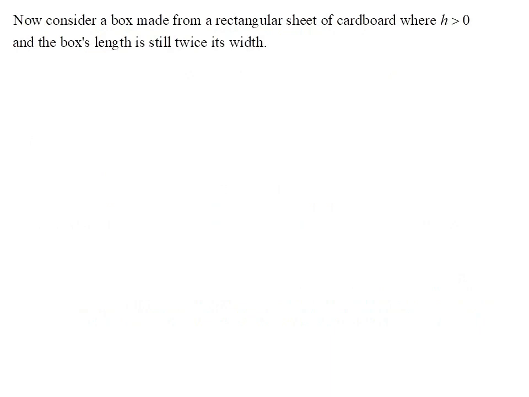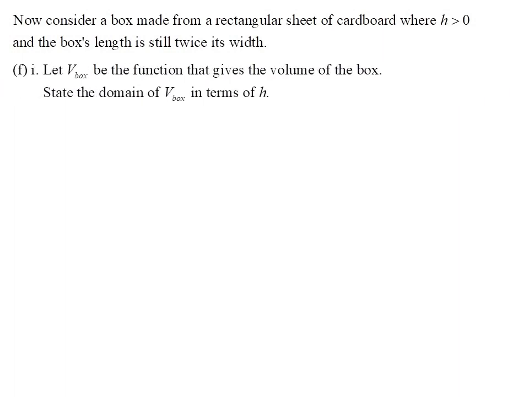Now consider a box made from a rectangular sheet of cardboard where h is greater than 0. The box length is still twice its width. Based on that, the first question of part F is to express VBox in terms of h as well as to state the domain of VBox.